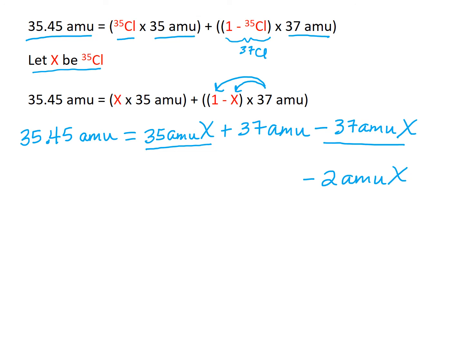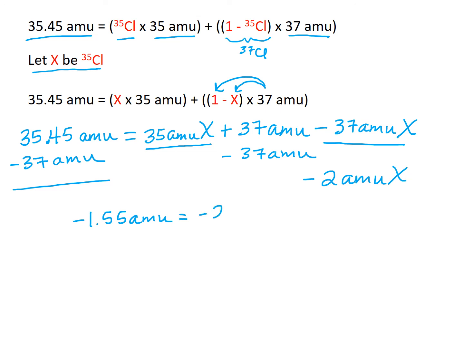And then I'm solving for X, so I want to take this 37 and move it over to the other side. So here I'm going to subtract 37 AMU from both sides. Okay, so that gives me negative 1.55 AMU equals negative 2 AMU X. Okay, last step, we're going to solve for X, right?